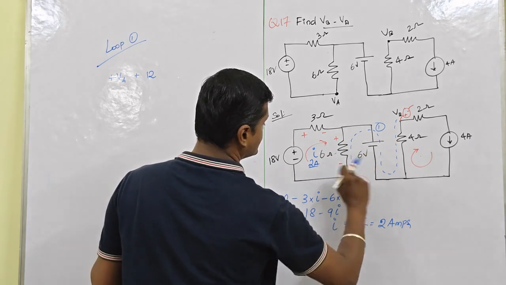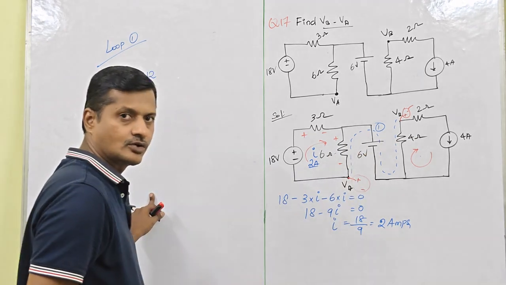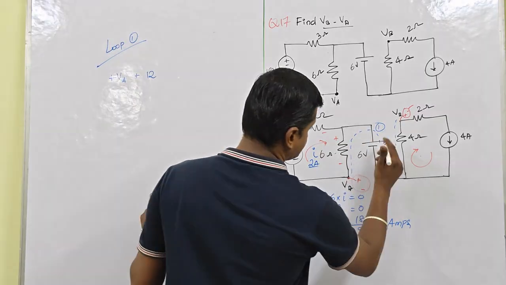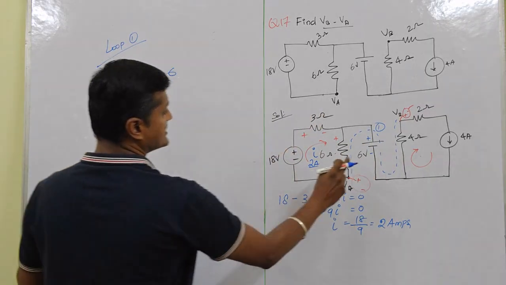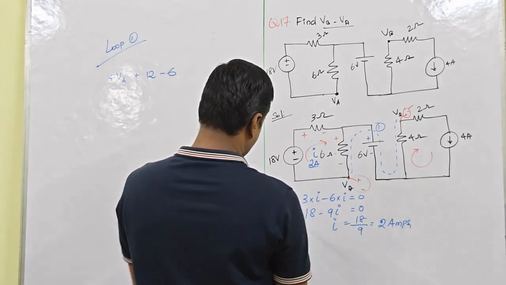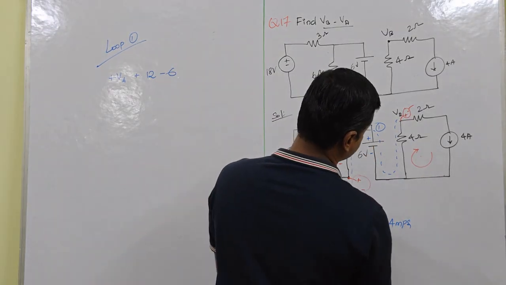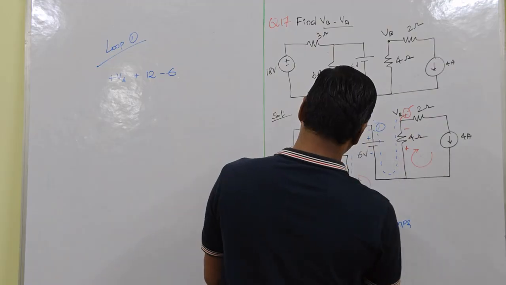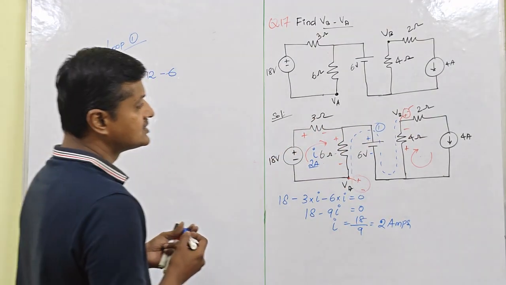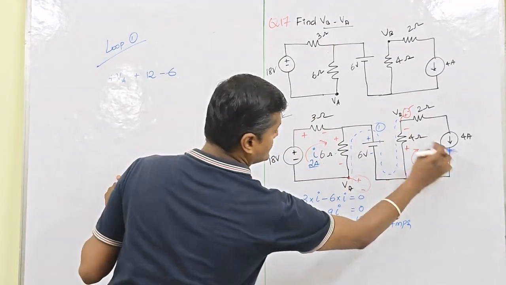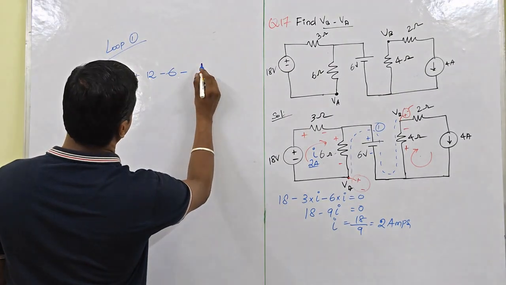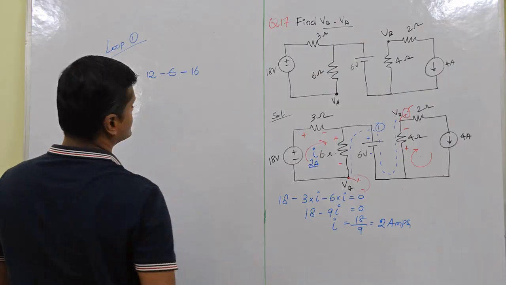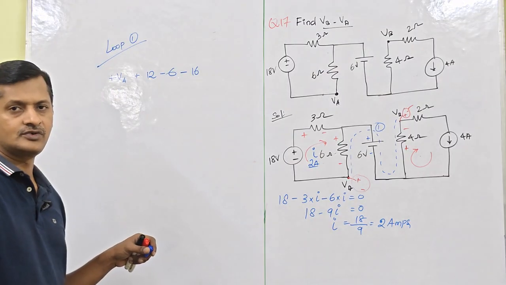Leaving plus 12. Next, here plus and minus, so the value is minus 6. Here the current going through the 4 ohm is 4, so 4 into 4 is 16.